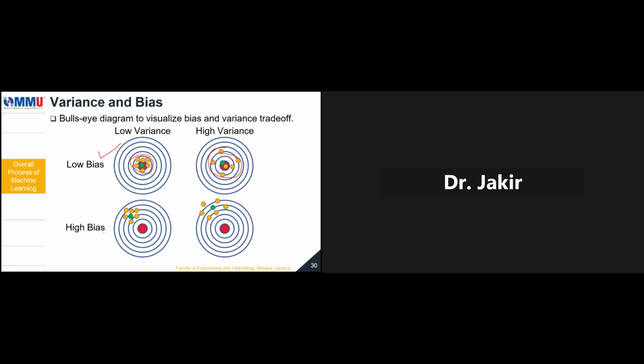Low bias and high variance is overfitting. High bias and low variance is underfitting. High bias and high variance is a poor model. We have one picture here. This is the optimal model, low bias and low variance, with all the data in here. Then low bias and high variance is overfitting. High bias and low variance is underfitting. And high bias and high variance is what we call the poor model.